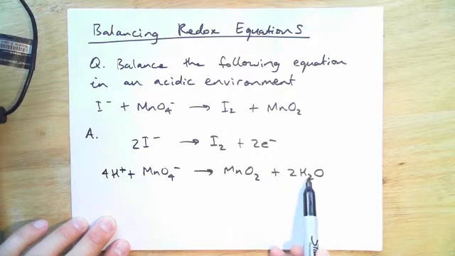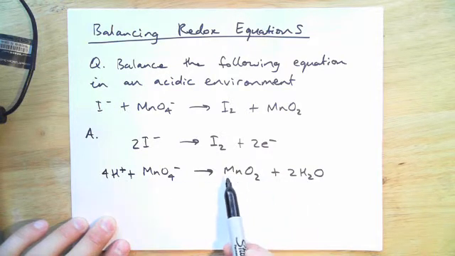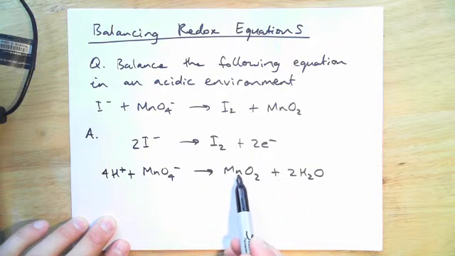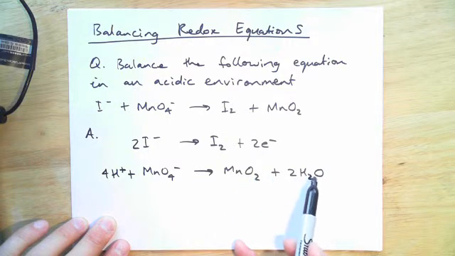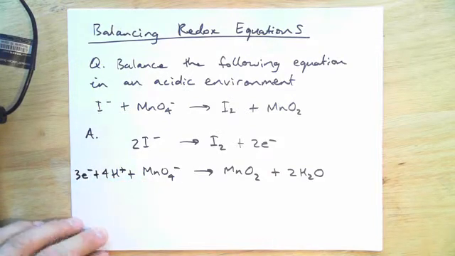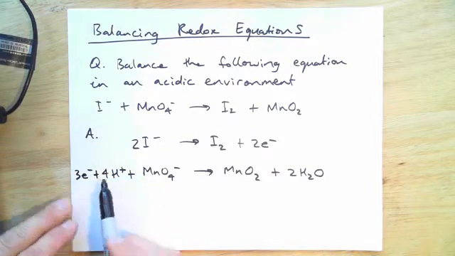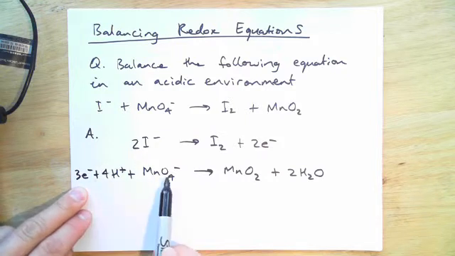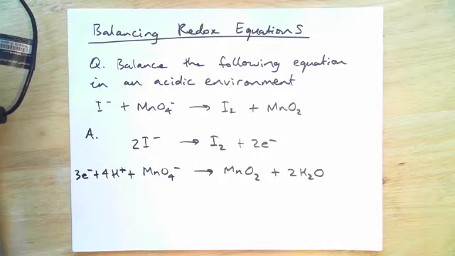Over here, there's no charges. So these 3 pluses have to be balanced out in order for me to have 0 overall charge, the same as what's on the right hand side. So I add 3 electrons. That will give me 0 charge here and 0 charge on the right hand side.